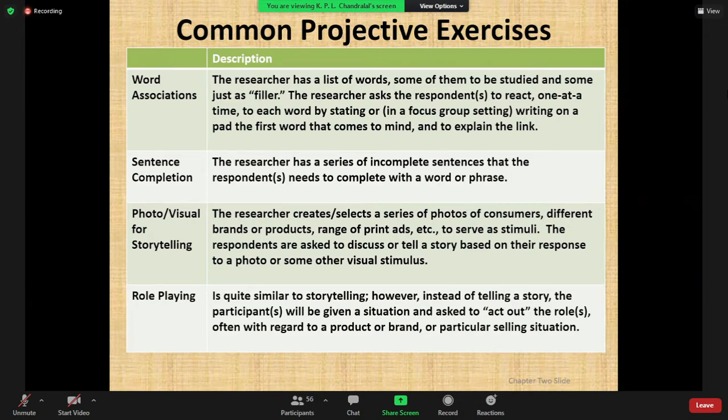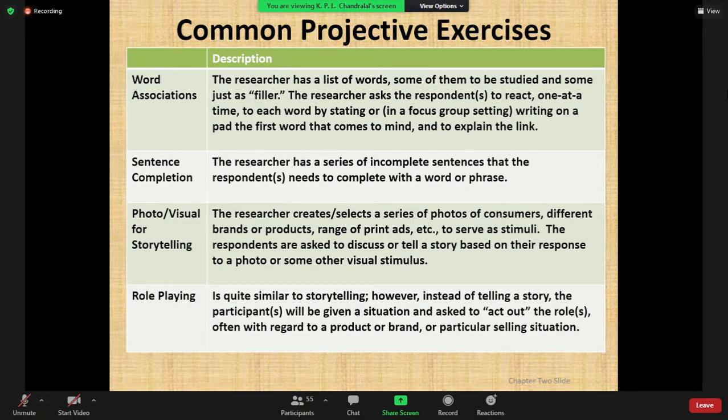When they write soft drinks, what comes to the mind first? Whether Coca-Cola, Pepsi. Eventually the majority has written Coke. So that's the most popular brand in customers' mind when they come to the restaurant. Word associations. What comes to the mind first?